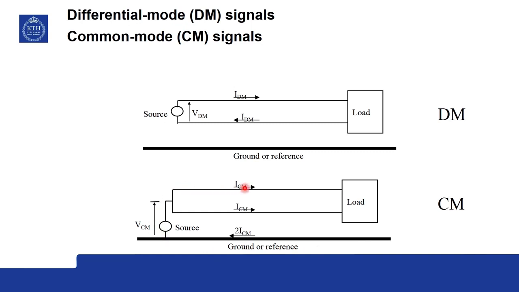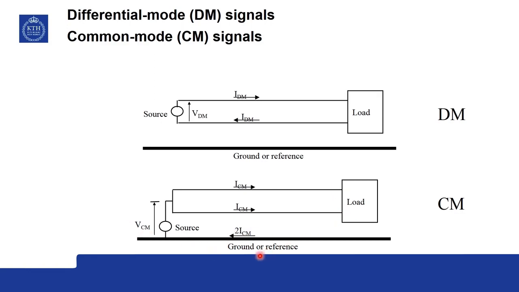So, it is as if you have some source here, a fictitious source. This action of the electric and magnetic fields can be modeled as a fictitious source that is driving a common mode current through this and back through this. So, this is I subscript CM, and this will be the total common mode current falling back.